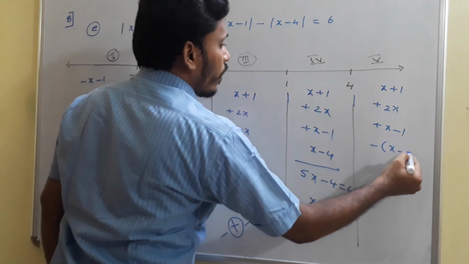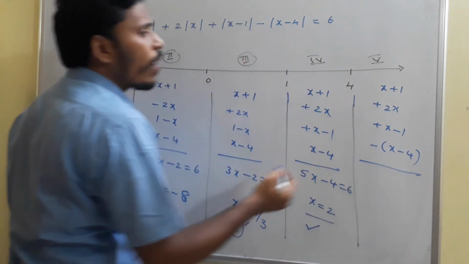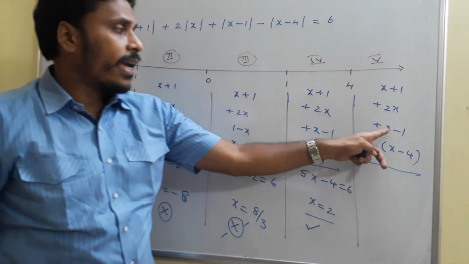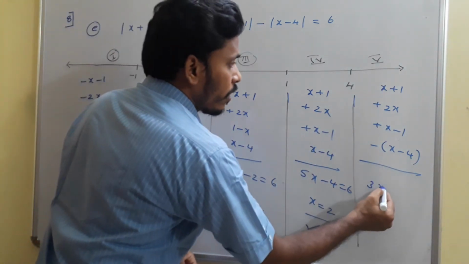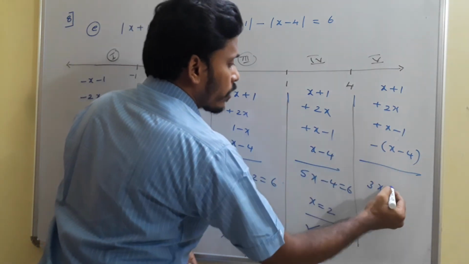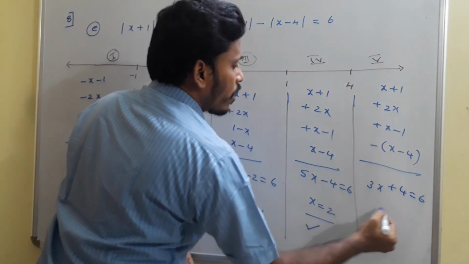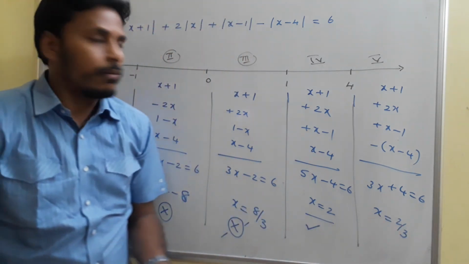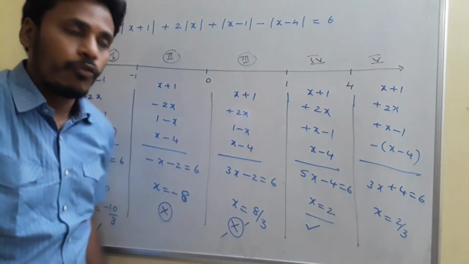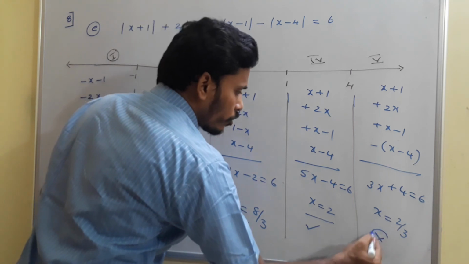So minus of x minus 4. And now add. While adding, again x and minus x get cancelled. x and 2x is 3x. Then 1 and minus 1 get cancelled, plus 4 is equal to 6. And you will get x equal to 2 by 3. 2 by 3 is a decimal number which is not greater than 4. So this is not a solution.